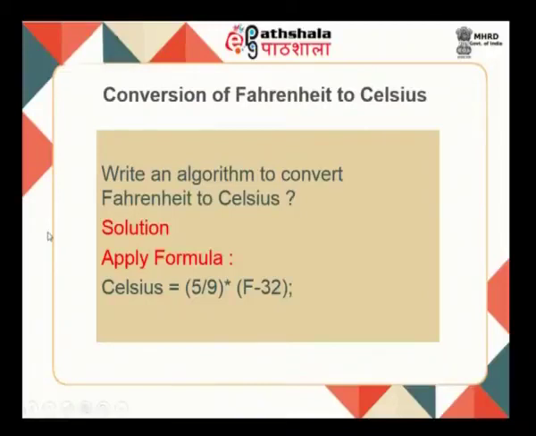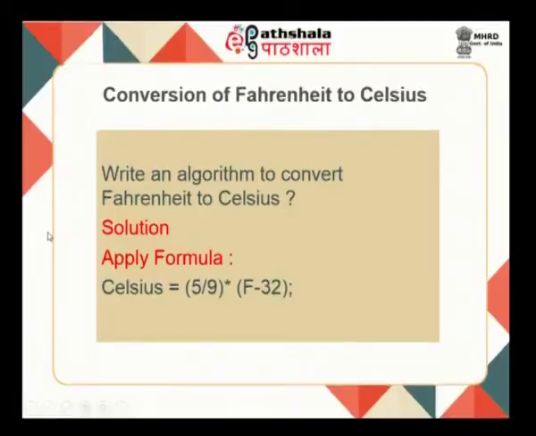The given problem is we have to write an algorithm to convert the given Fahrenheit temperature to Celsius. Fine. How to do that? The answer is in terms of this particular formula. We have the formula Celsius is equal to 5 by 9 multiplied by F minus 32.